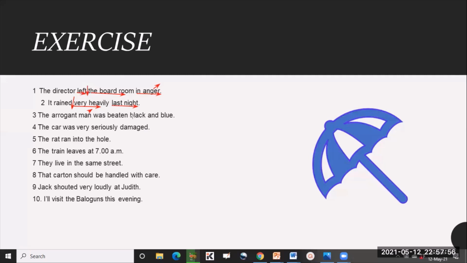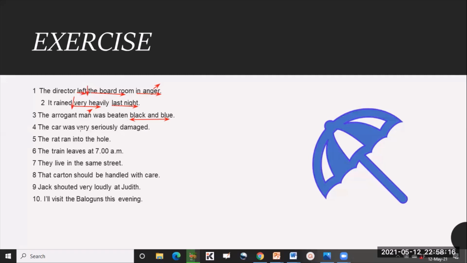But here we don't have a prepositional phrase, although we have an adverbial phrase. The arrogant man was beaten. How? Black and blue. The next one, the car was very seriously damaged.